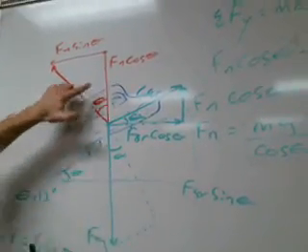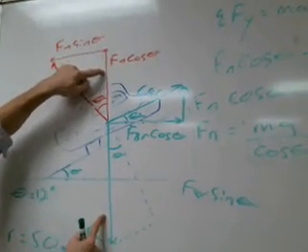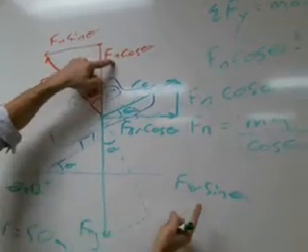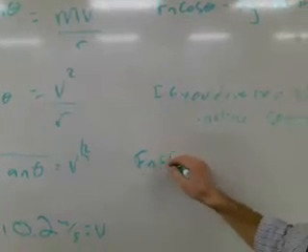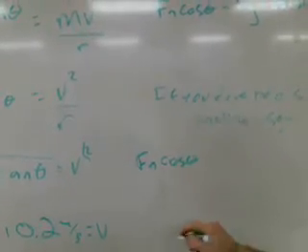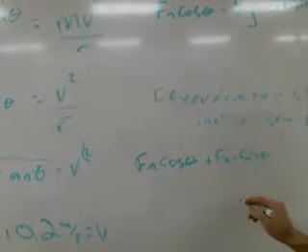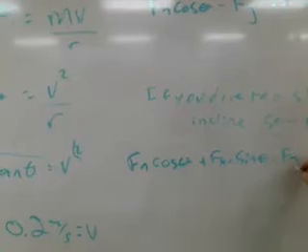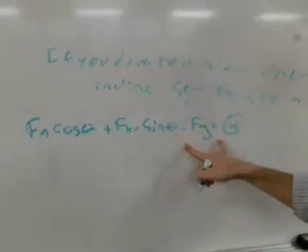It will be this plus this minus that: Fn cos theta plus friction sine theta minus Fg equals zero. All right, so there's the y's.